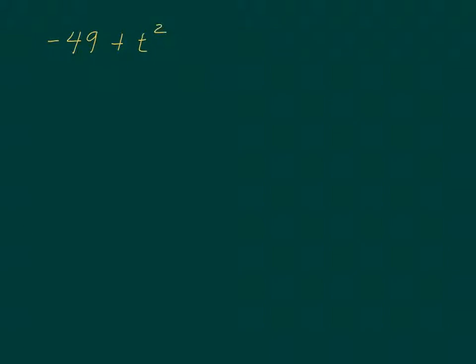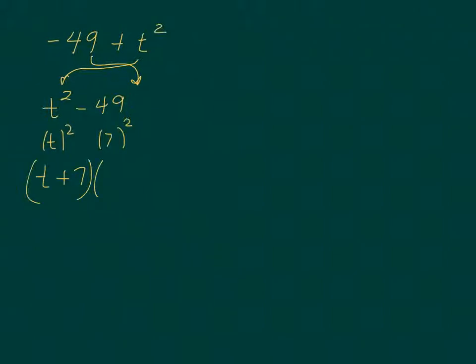But if I take this t squared and rearrange it with the negative 49, I'll have t squared minus 49, and I think we know how to factor that. What do I square to get t squared? Just t. What do I square to get 49? Just 7. So t plus 7, t minus 7.